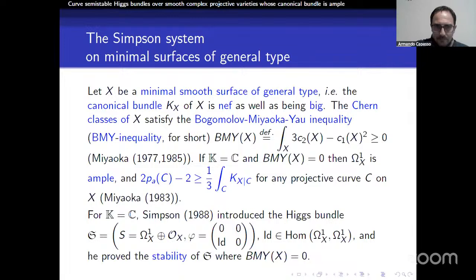He proved that in the case of minimal smooth surfaces of general type for which Bogomolov-Miyaoka is equal to 0, the Higgs bundle is stable. Okay, this is the history.